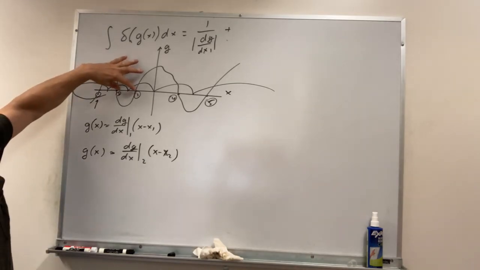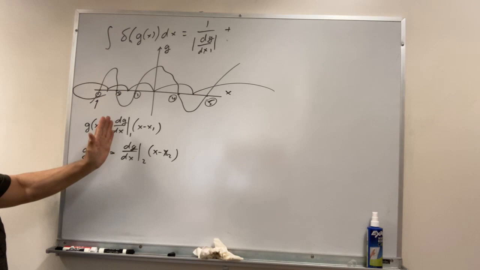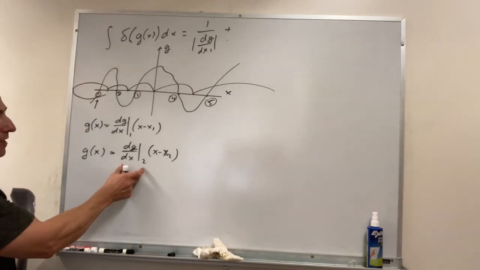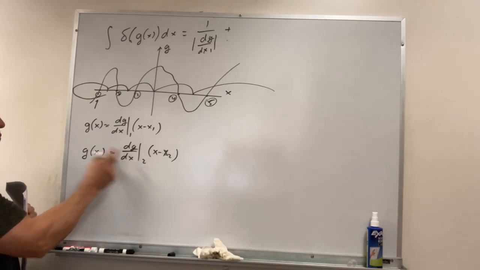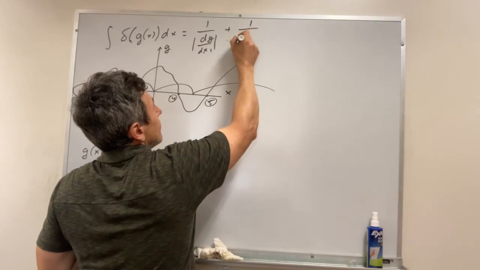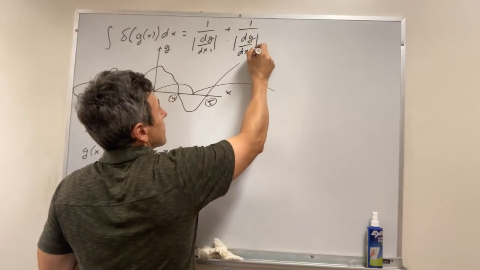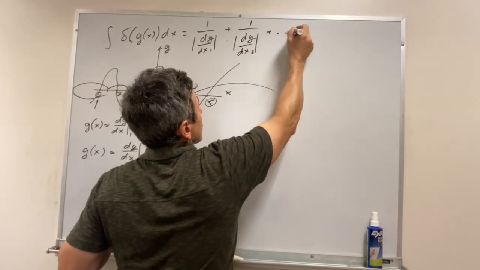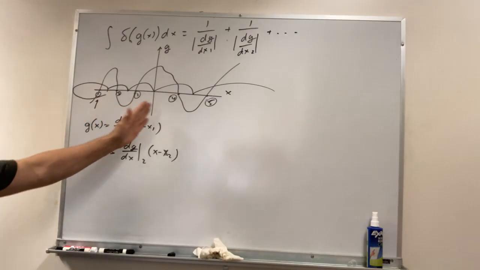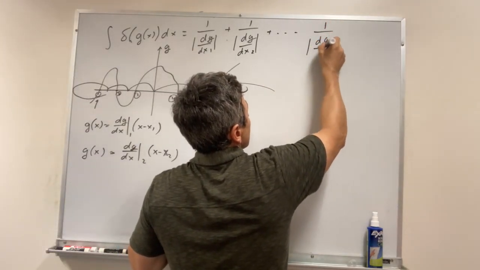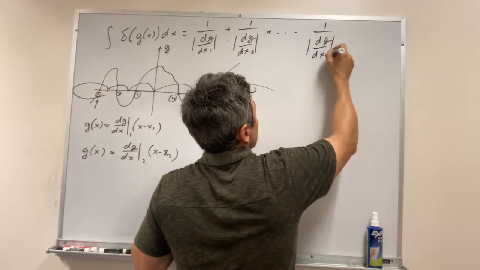The most important thing is that you need to have the point at which the delta function is infinitely large inside this interval. And this integral gives us 1 divided by the absolute value of the derivative of g with respect to x at point 2, and so on. So it will be the sum of all these terms, and finally the last term will be 1 divided by the absolute value of the derivative of g with respect to x at point 5.